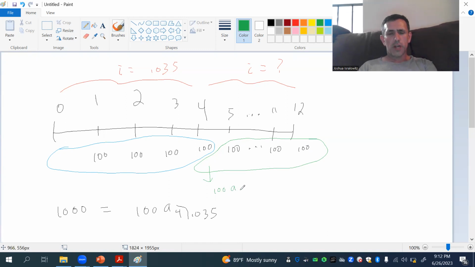So this is 100 a-angle-8 at i, and we have to discount this by 4 years at an interest rate of 3.5%.